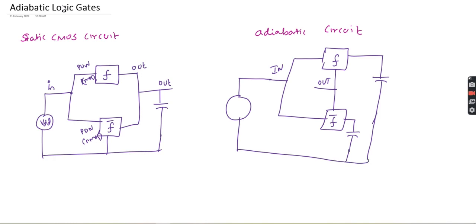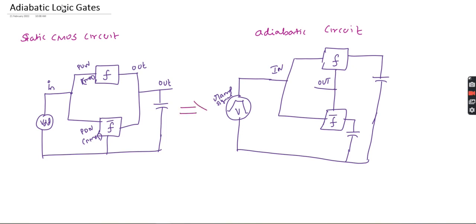Instead of a fixed source we will use a ramp signal kind of, with slowly varying step input. This will be your adiabatic circuit, and that was a static circuit.